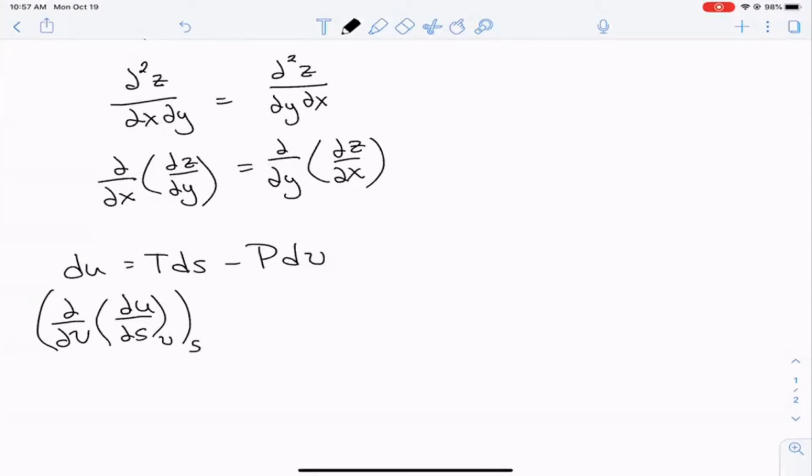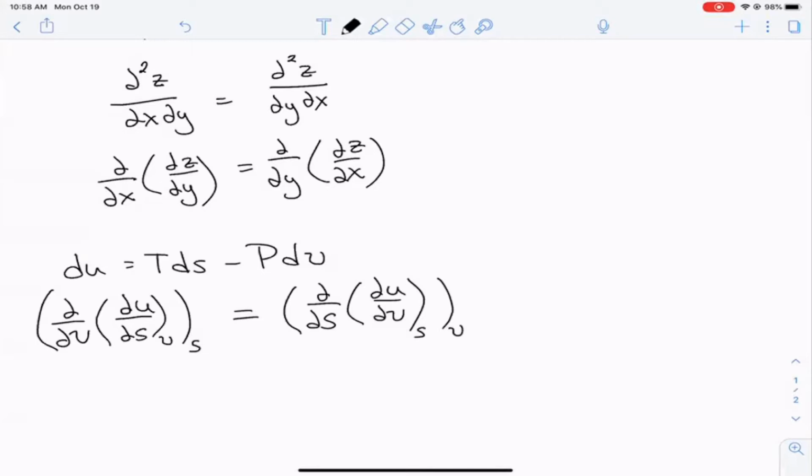Through this rule of calculus, I can flip the order in which I took this derivative, and those two are absolutely equivalent to one another.